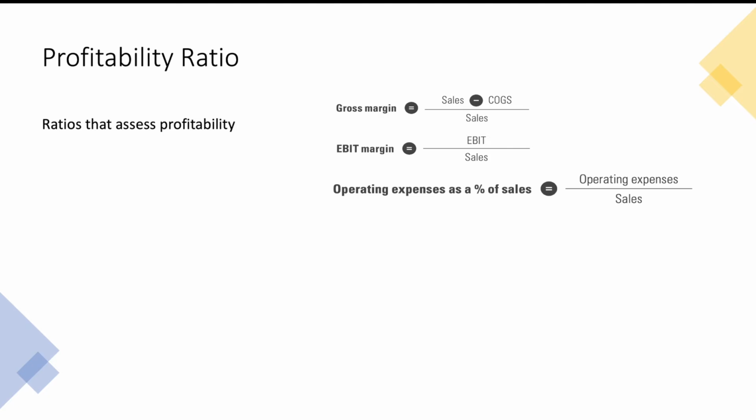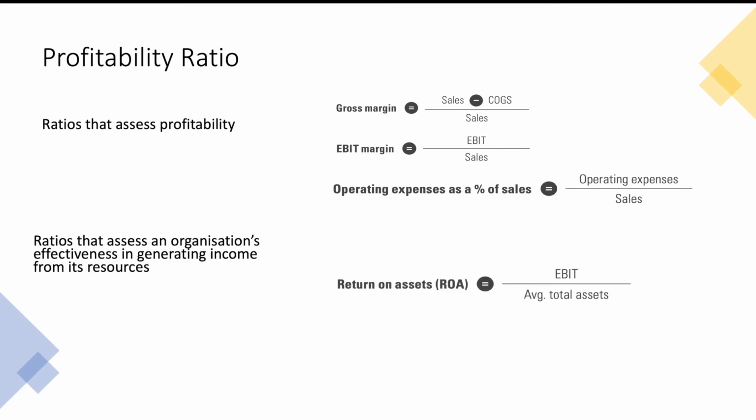Now come to the second part of the profitability ratios: ratios that assess an organization's effectiveness in generating income from its resources. These ratios tell us how effectively the resources of the organization have been used to generate income.